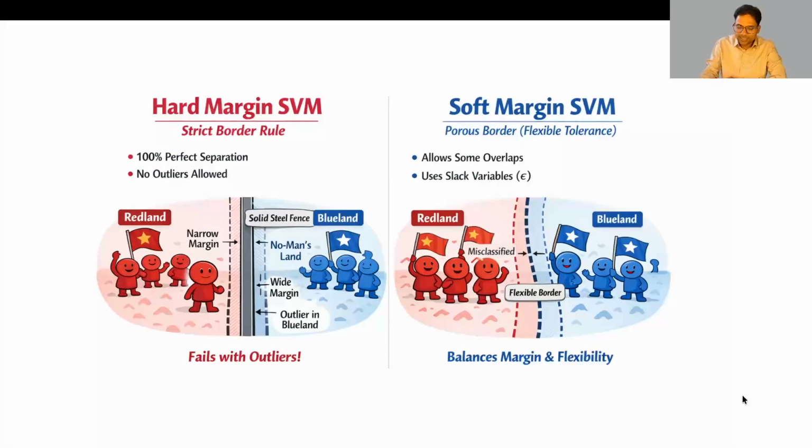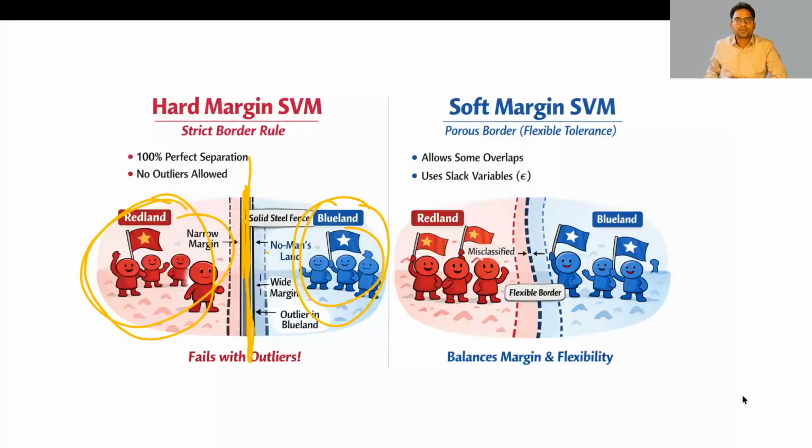Let's see an analogy. For example, this is your red land people and blue land people. There's a solid steel fence here, nobody can cross, and these are the margins, so nobody can cross here. These are like two nations with an iron wall. But in practical cases many countries don't have this steel fence.